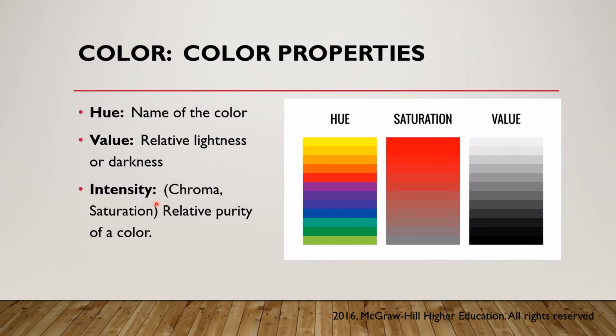The saturation, the chroma, is the purity of a color. With saturation, if you mix two complementary colors, those are colors that are opposite each other on the color wheel, it will start to dull them down. So it's how dull your colors are going to be.